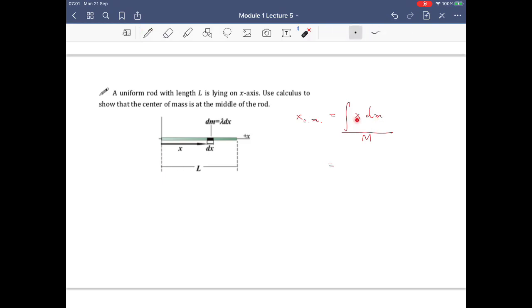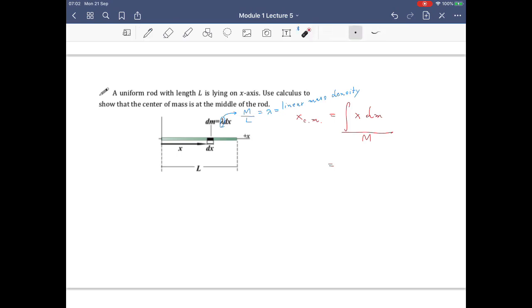In order to change m to x, so in this case we choose to change dm to dx, we need to introduce a new notation which we will call lambda here. This lambda is defined as the total mass divided by the total length. In other words, this lambda is what we call linear mass density.